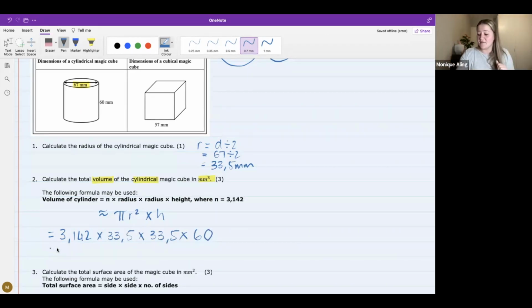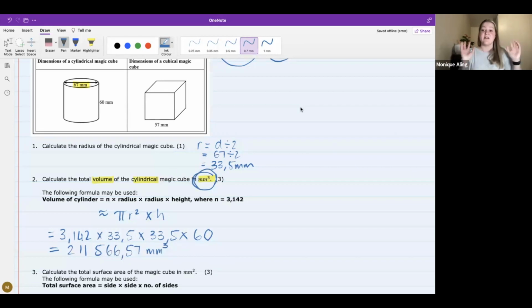Just substitute into the formula that was given, and you get 211,566,57 millimeters cubed, because it is volume. And they also did remind us in the question to put our answer in millimeters cubed. Okay, awesome.